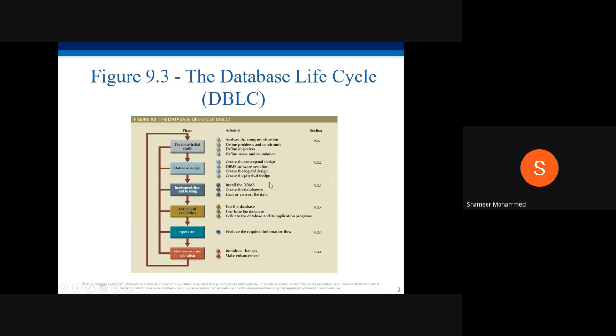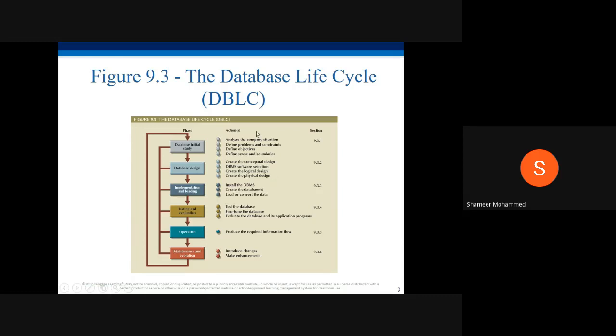Then you will create the logical design. After that, you will create the physical design. So these are the three designs you will do here: conceptual, logical, and physical design of your database.